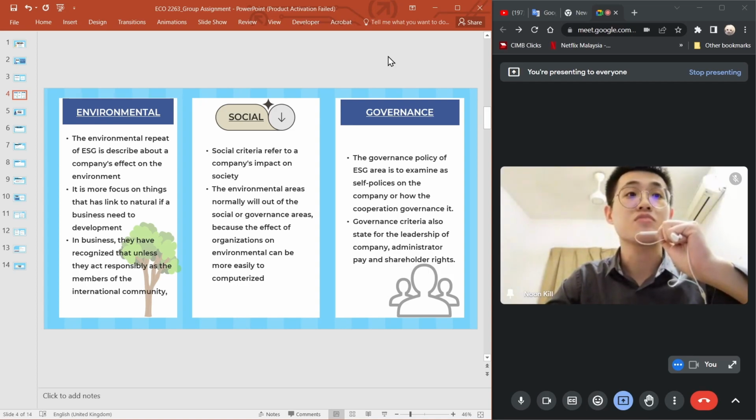So this is one of the ESG factors that a business will use ESG to calculate. And businesses have recognized that they have a responsibility as members of the international community.